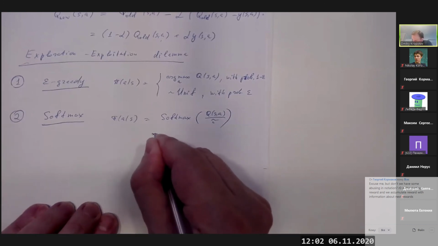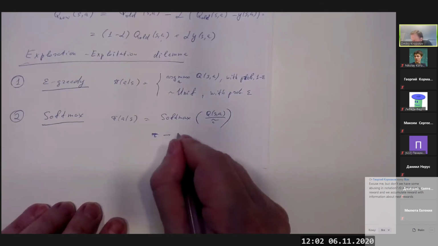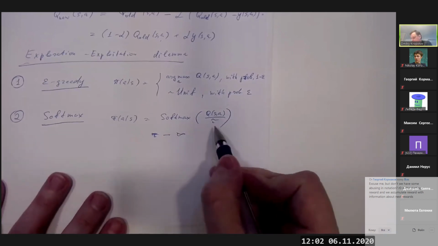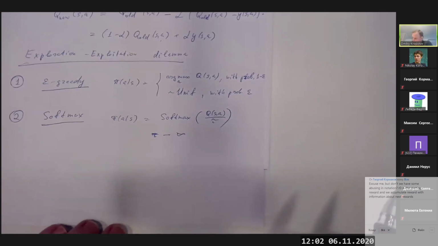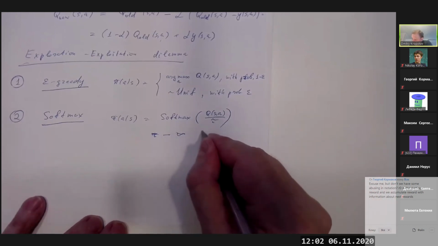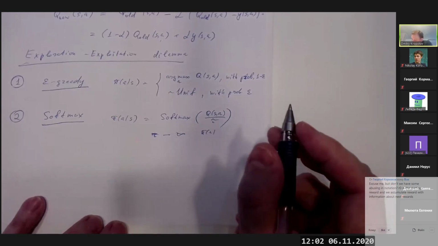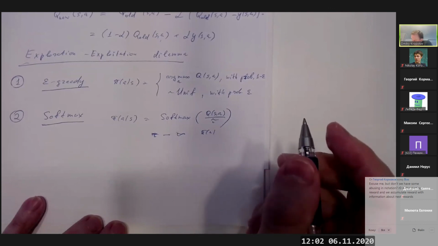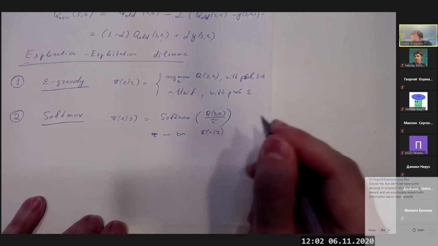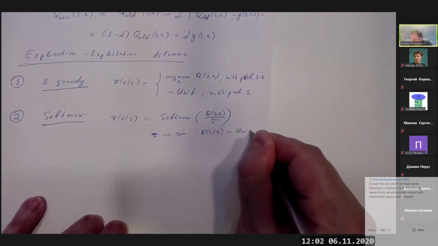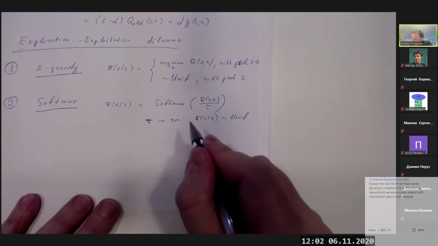If tau goes to plus infinity, so it is big enough, it means that your pi is similar to a uniform distribution.